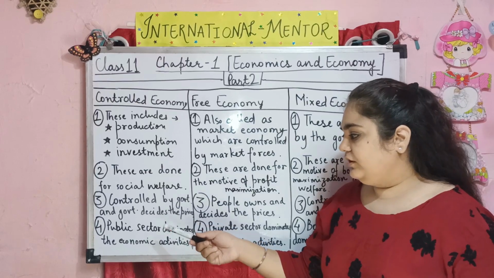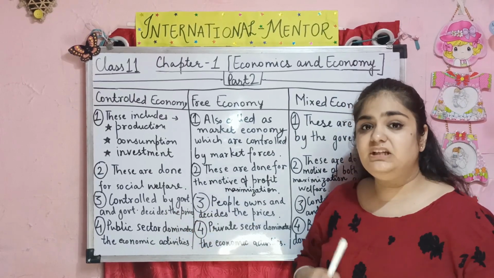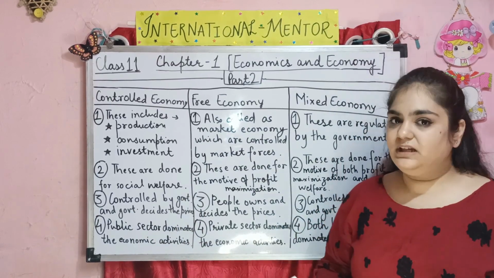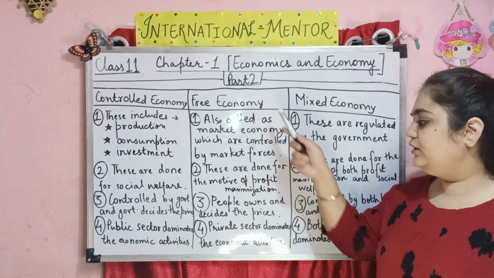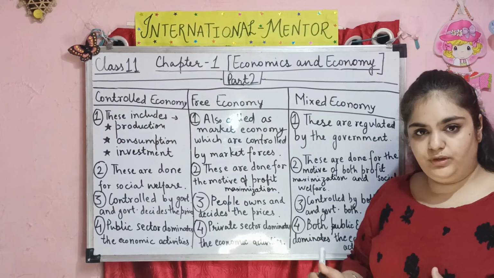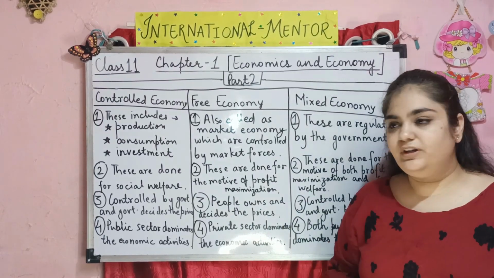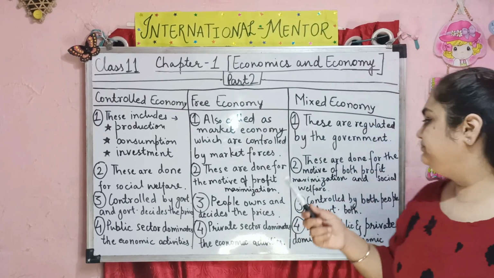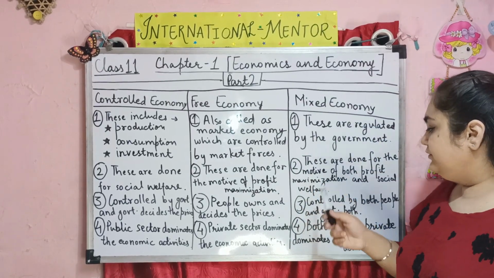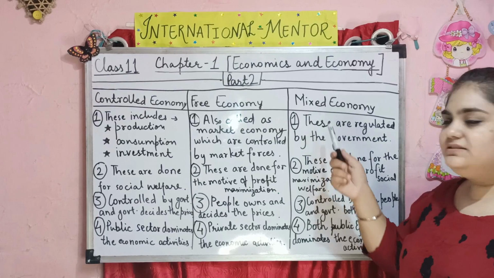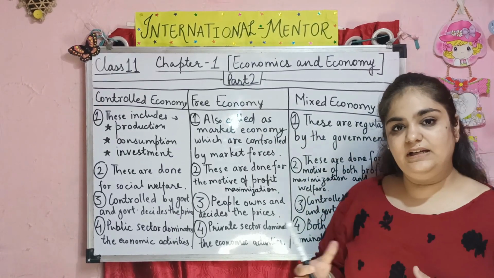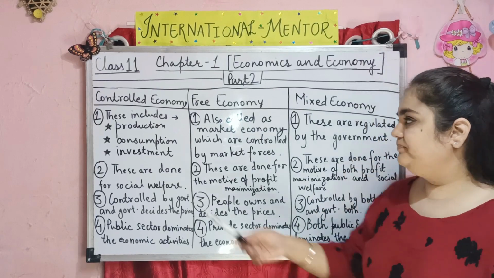In controlled economy, the government decides the price and it is controlled and owned by the government only. In free economy, the individual or a group of individuals owns the company and decides the prices. And the mixed economy is controlled by both people and government.